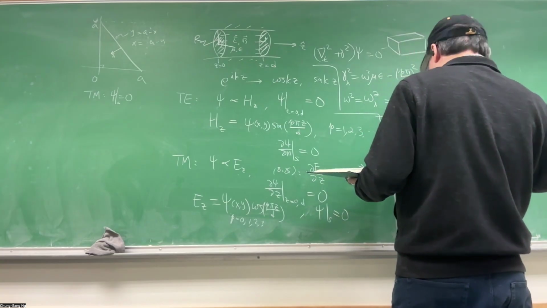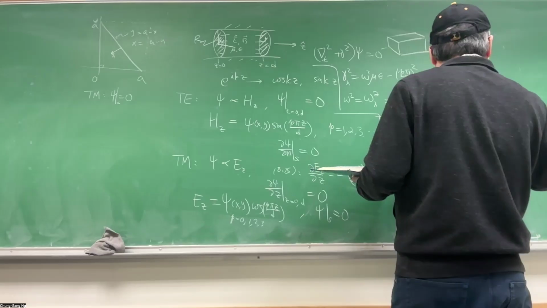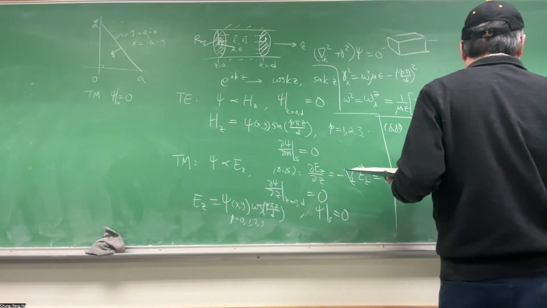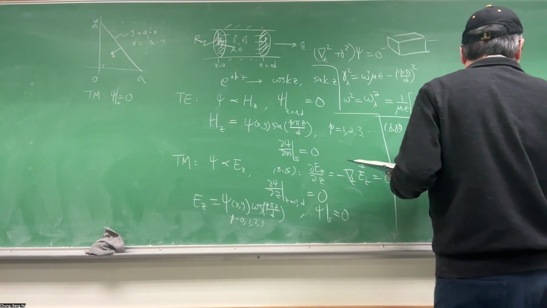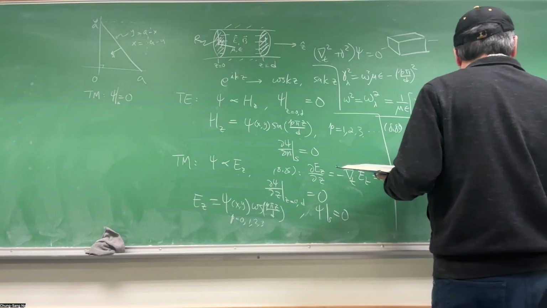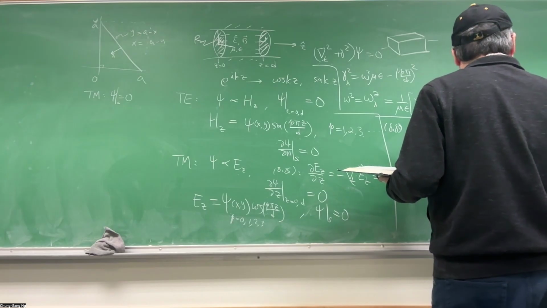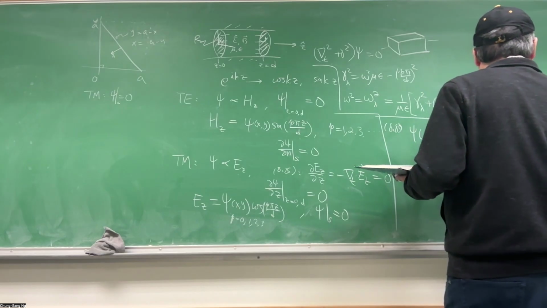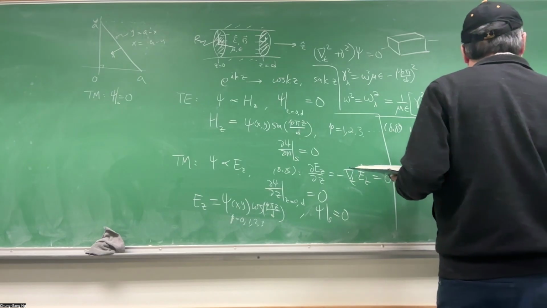Then you have J sub m, and now it will have some radial wave number, this is gamma mn times rho, times e to the i m phi.